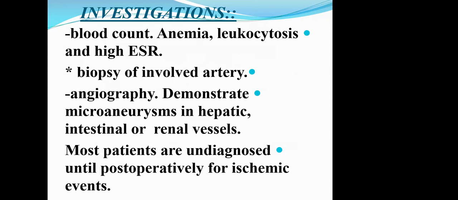We have investigations like blood count, anemia, leukocytosis, high ESR, biopsy, and angiography. There will be microaneurysms in hepatic, intestinal or renal vessels. We said microaneurysms occur in them. Most patients are undiagnosed until post-operatively for ischemic events.